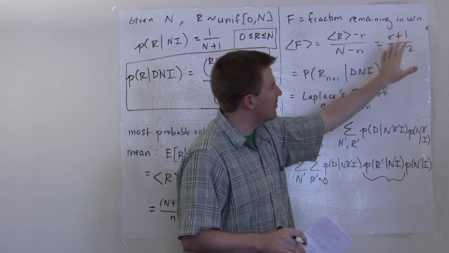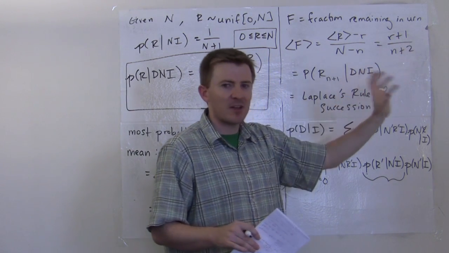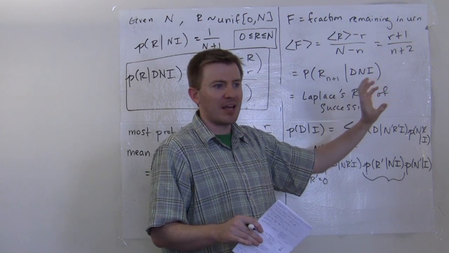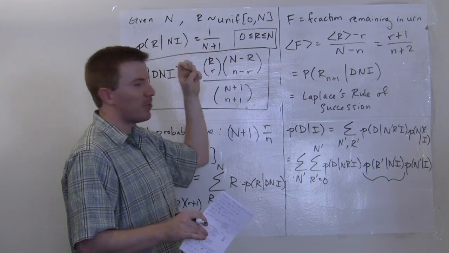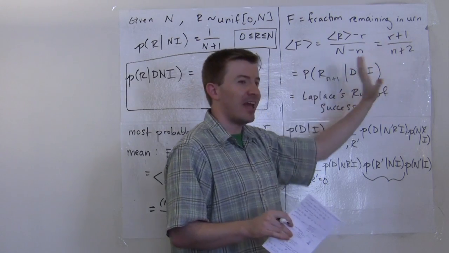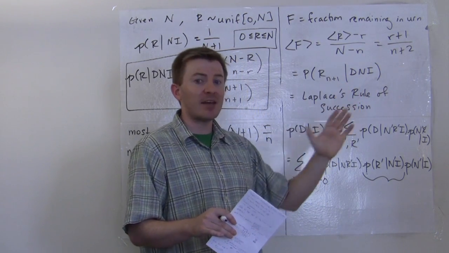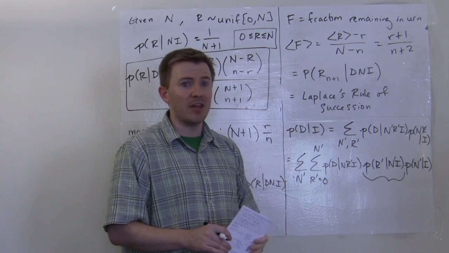It's a little bit funny that there's a plus 1 and a plus 2 here, and Jaynes talks about this a bit in the chapter, and actually trying to find a pre-prior distribution that would get you to just r and n, which is kind of more what you'd think it would be. We'll come back to that when we talk about the Jeffreys prior later.